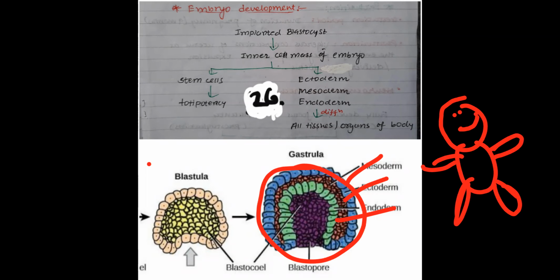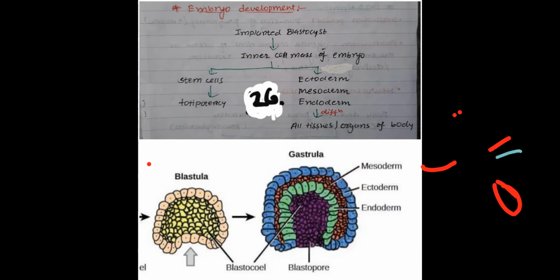Same is the case with the mesoderm, and same is the case with what? Endoderm. So the primary differentiation of embryo cells prepares ectoderm, mesoderm, and endoderm. And high level differentiation in these layers gives rise to different tissues and organs in the system. Whereas such differentiation is missing in the cells which are termed as the stem cells. They are named as stem cells.